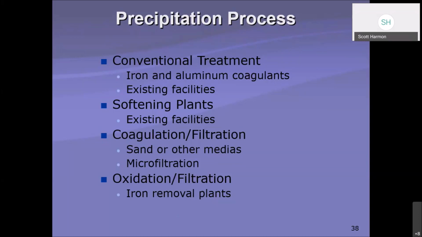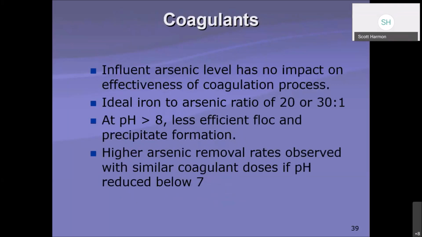So this co-precipitation process is more in line with the conventional type treatment processes that people in our industry were used to using. So the different coagulants would go into effect for an arsenic type removal. For this particular case, the influent arsenic levels have no impact on the effectiveness of the coagulation process.